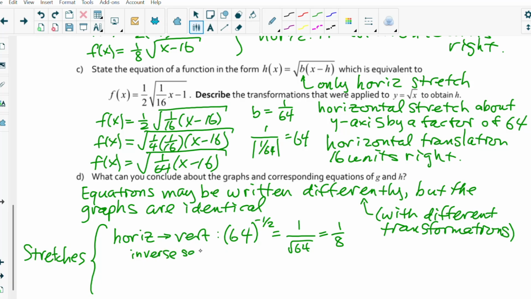So this is an inverse square root relationship.